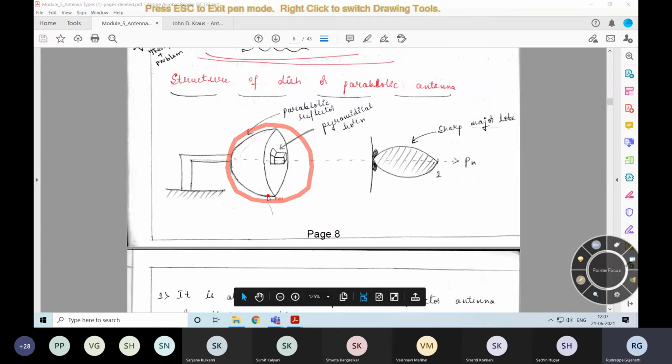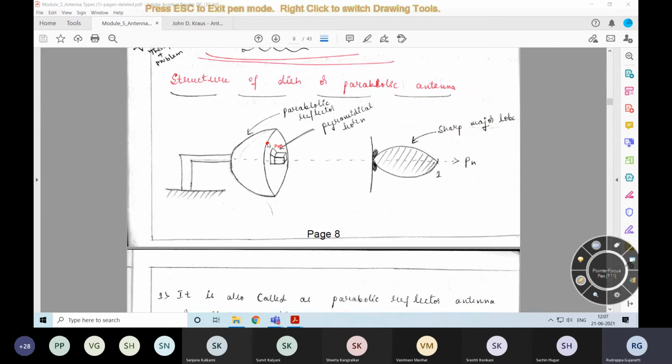We saw that there was a handle, and on that you had a device which was mounted. That device is an antenna itself. It helps to either receive the signals projected onto this curved surface, or transmit the microwaves from this end to the other end by projecting those waves onto the concave surface.